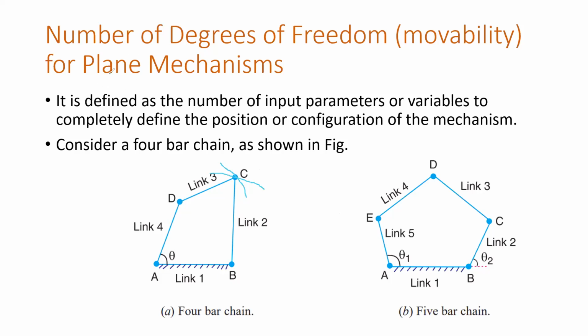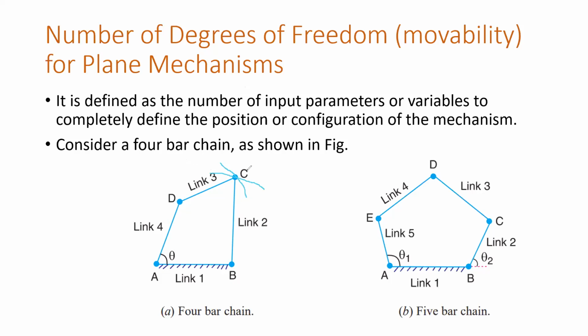What is the meaning of plane mechanism? Plane mechanism means that each and every point or every link moves in a single plane. It does not leave that plane, so that is called a planar mechanism.